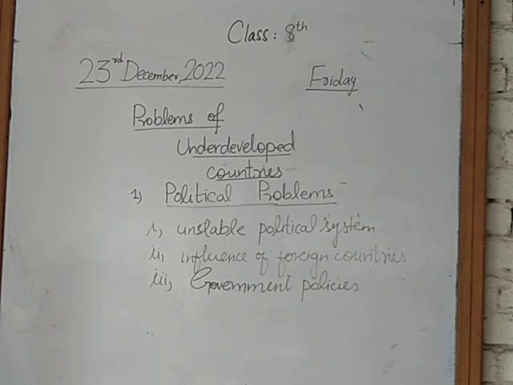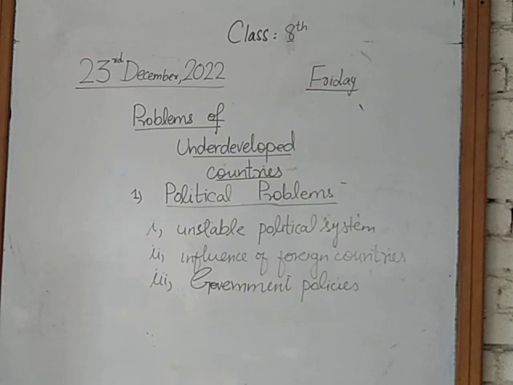Can you enlist some of the economic problems? Yes, economic problems include foreign debts, low per capita income, higher population growth, unemployment, and underdevelopment of the industrial sector. Because of these economic problems, underdeveloped nations are far behind developed nations.